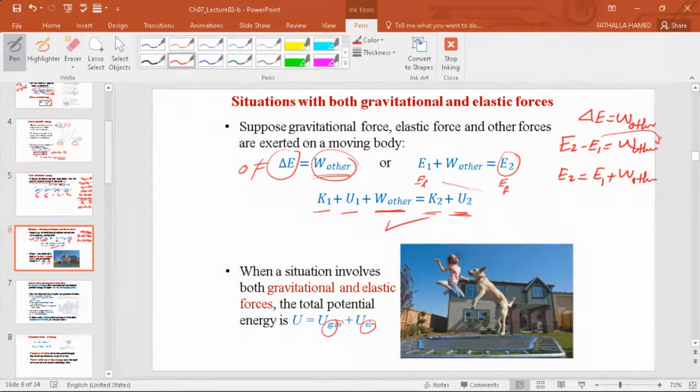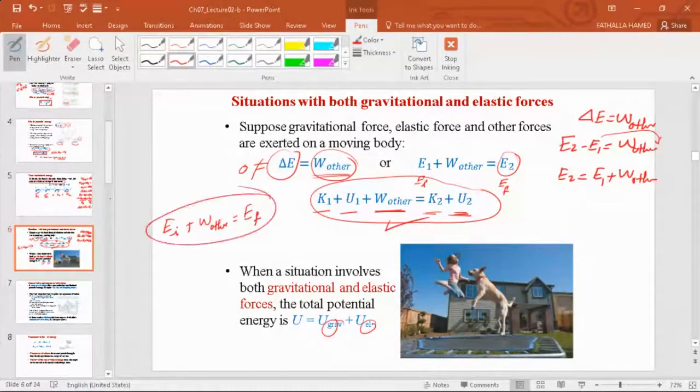So that's the more general equation here. When you write your equations, you can say E initial in some textbooks plus work done by other forces should equal final energy. Is this clear? Any question on this?